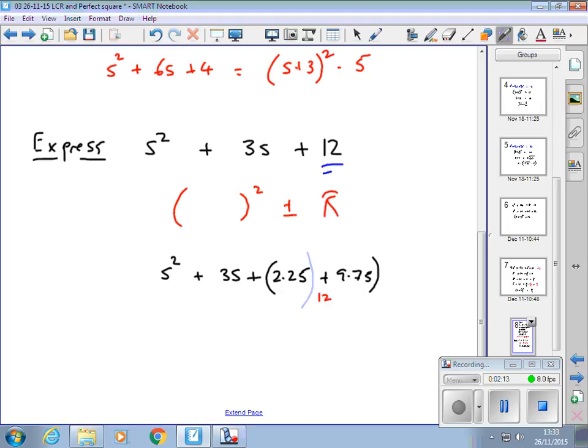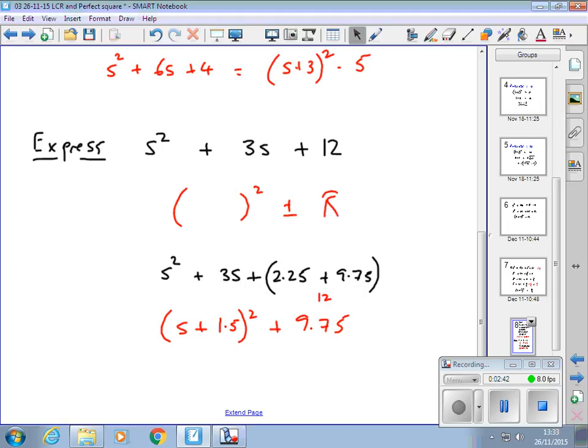We've actually got 12, so I split my 12 into 2.25 plus 9.75. And so as a perfect square, this would be s plus 1.5 all squared plus 9.75, the remainder. So this time it's a plus. And that's the sort of thought process.